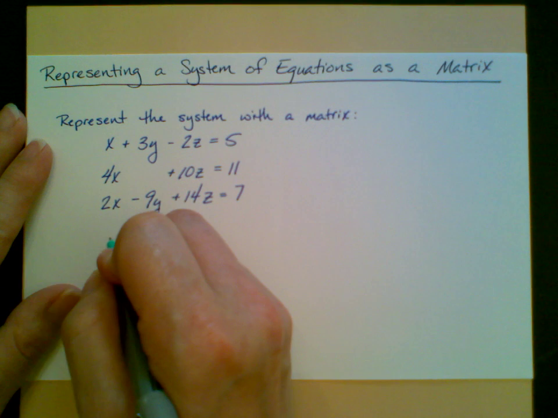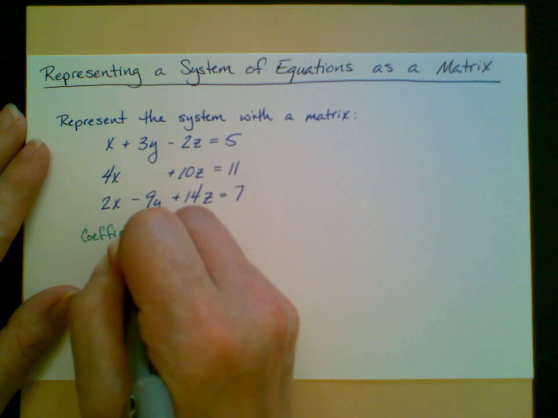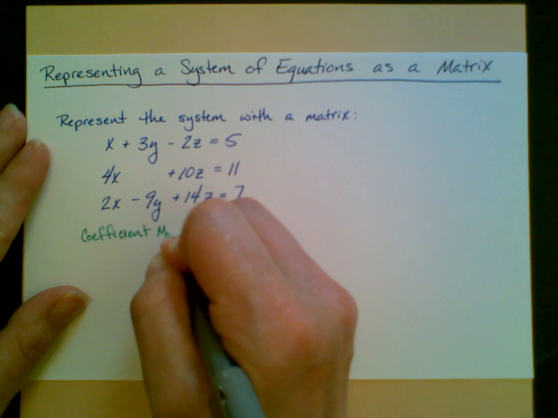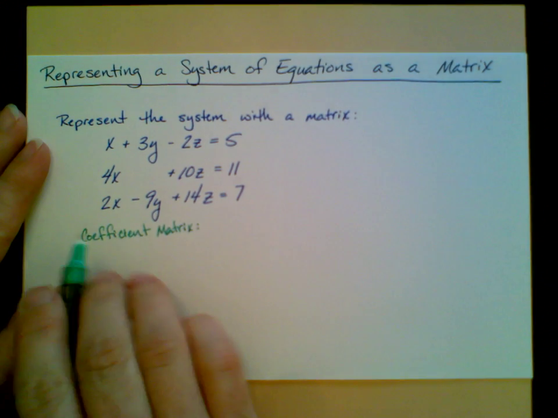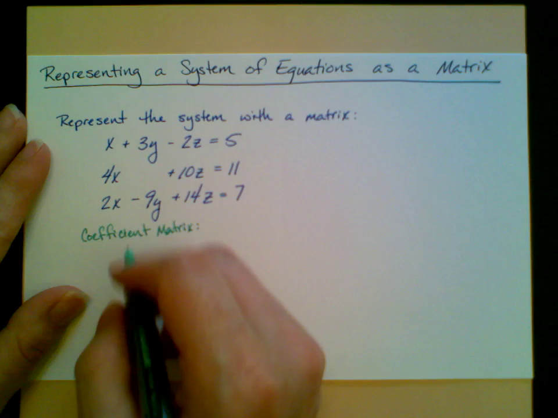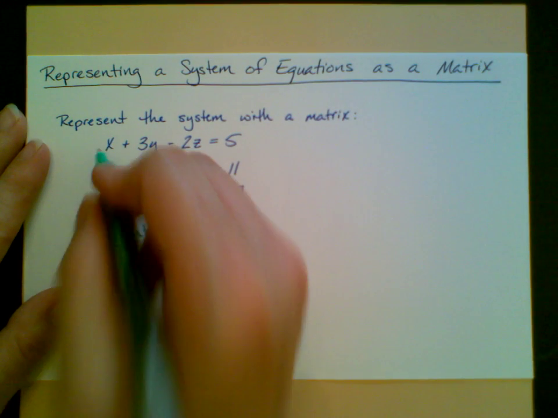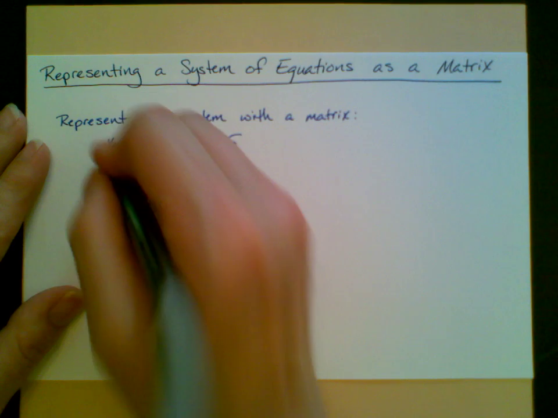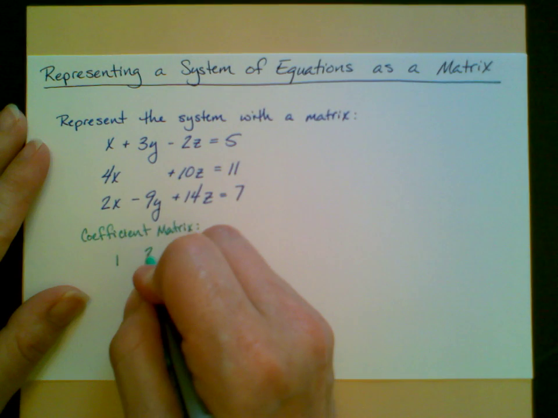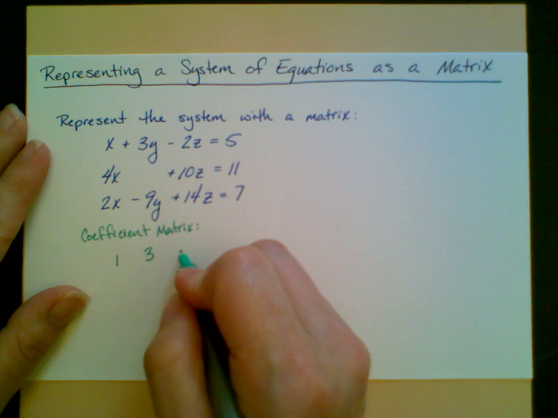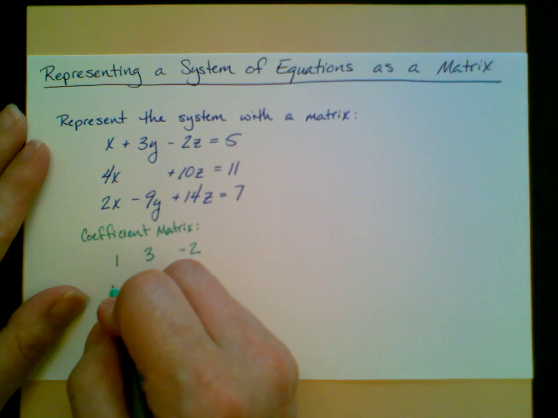And I can create a coefficient matrix for this system by just writing down all of the coefficients. Since there's not an explicit coefficient written for this x, it's a 1. And then 3 and -2. Then I have a 4.